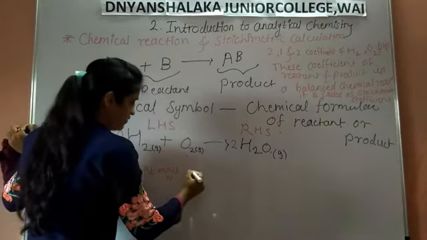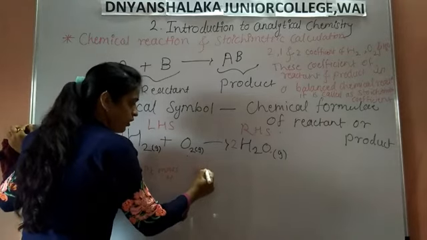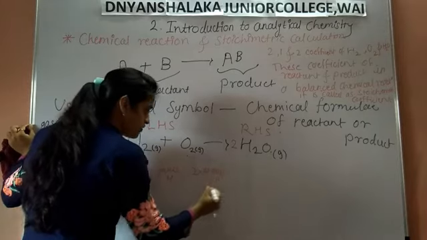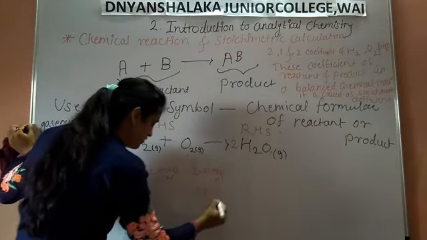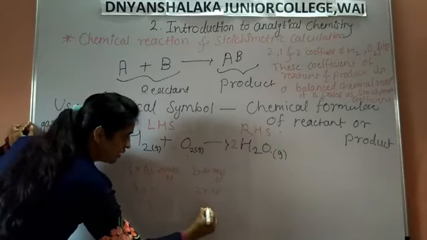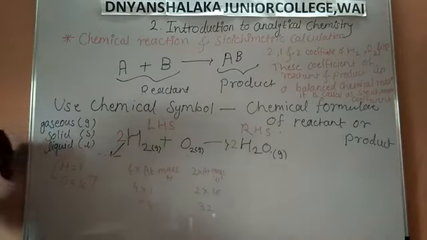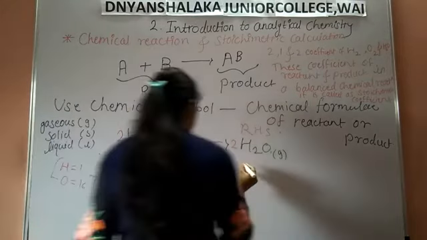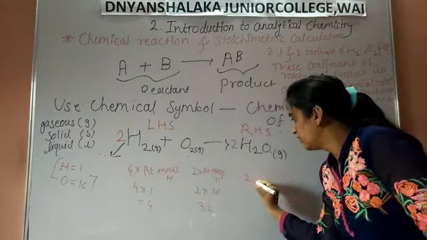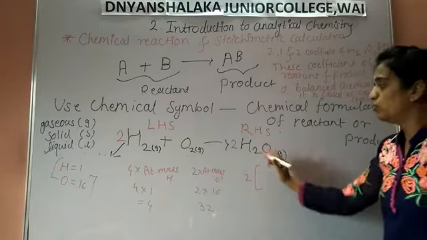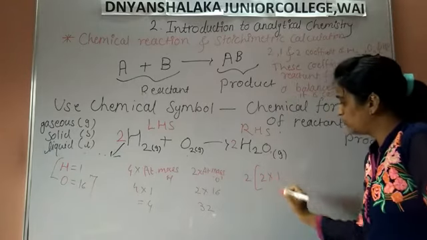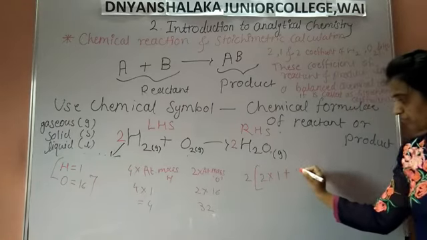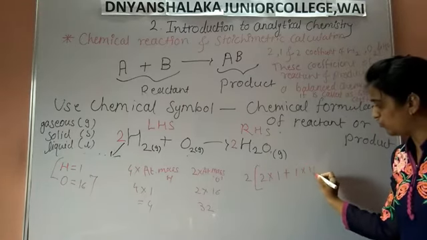Next oxygen, 2 atoms into atomic mass of oxygen. So 2 into 16, we get 32 gram. And on the right-hand side, in bracket, 2 atoms of hydrogen into atomic mass of hydrogen plus 1 atom of oxygen into atomic mass of oxygen.